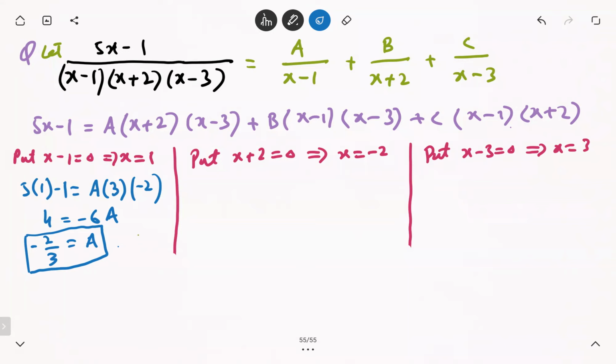The value of B is... Afan, what did you get for B? Okay.